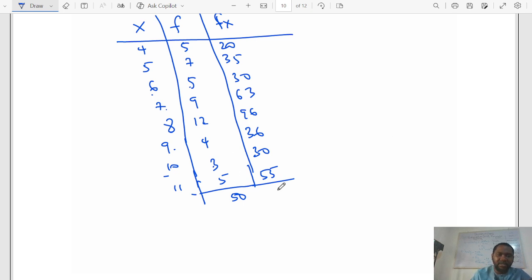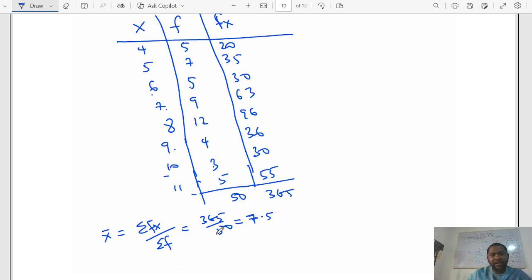This is giving me 365. With this I can find the mean, because mean is summation of fx divided by summation of f. That will be 365 divided by 50, which is 7.3. So the mean is 7.3.